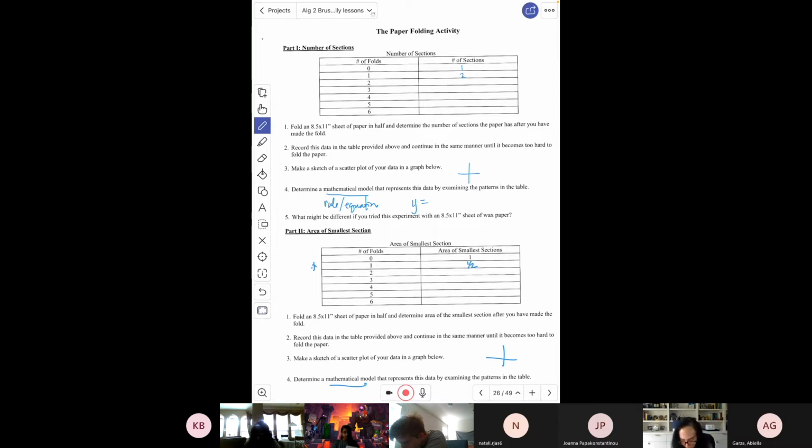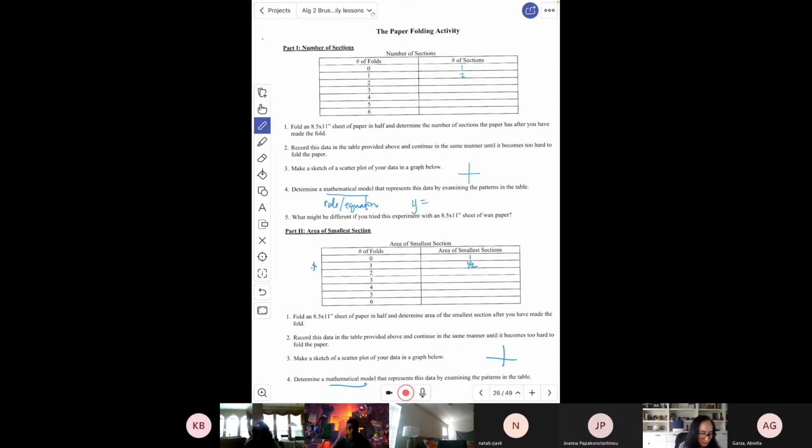Raise your hand once you think you have both tables of values populated. If you're stuck, let me know.